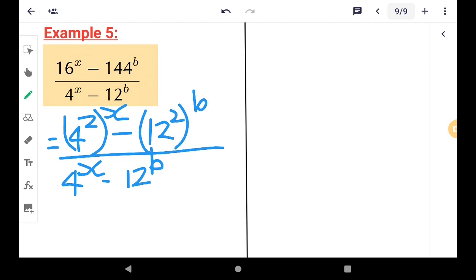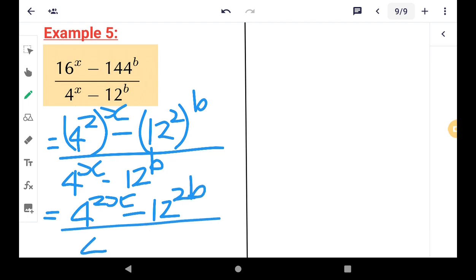All right. Now that is equal to 4 to the power of 2x minus 12 to the power of 2b over 4 to the power of x minus 12 to the power of b.